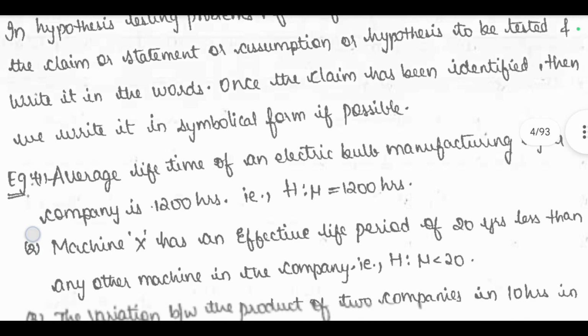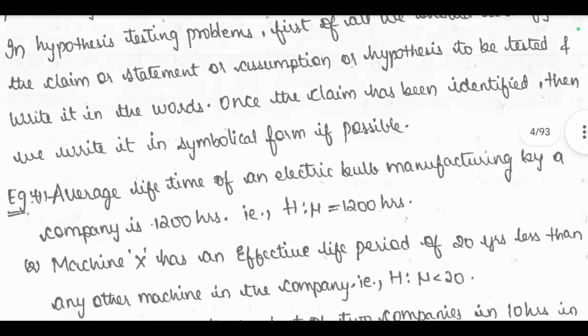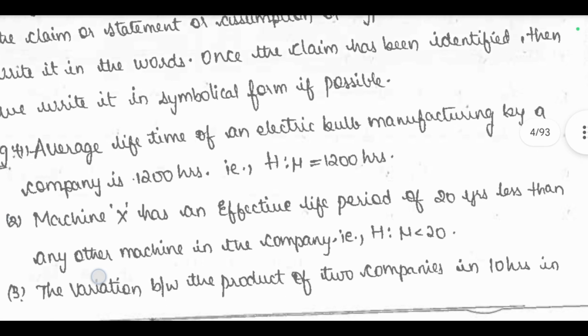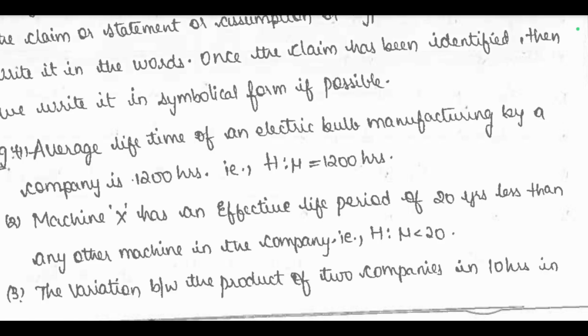For example, the average lifetime of an electrical bulb manufactured by a company is 1200 hours. So H: mu equals 1200 hours. A machine X has an effective life period of less than 20 years compared to any other machine in the company.